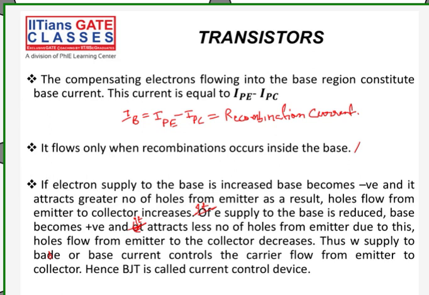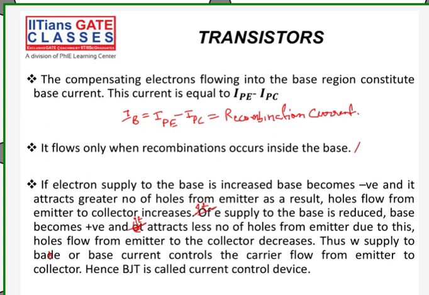If we supply fewer electrons, then the base will be positively charged, so more repulsion takes place. So the emitter current decreases. Emitter to collector charge carrier flow decreases. That is why this current decreases. So base current alone can control the flow of charge carriers from emitter to collector. That is the main concept here.